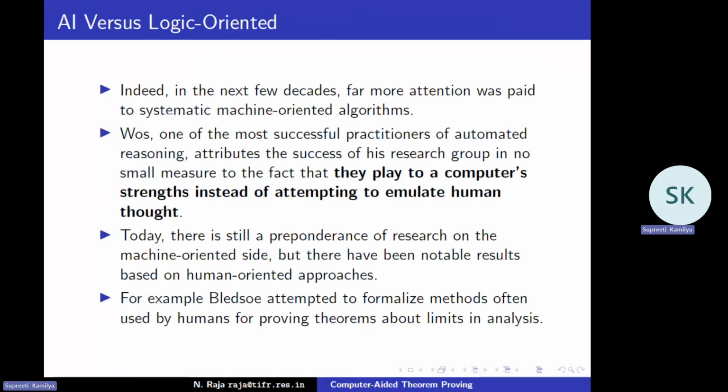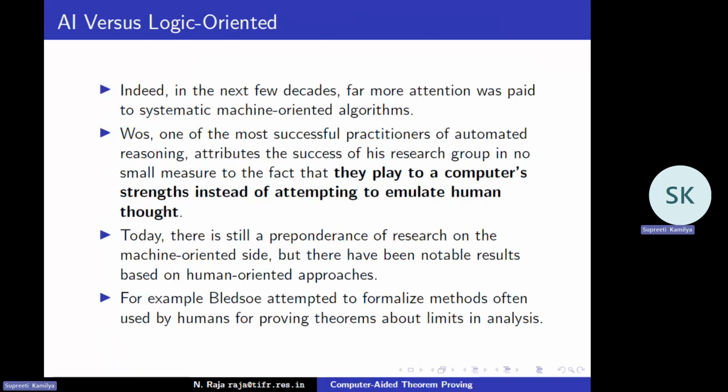He attributes this success to the fact that they try to play to a computer's strengths instead of trying to emulate human thought. And still today, there are a lot of people doing research on the machine-oriented side, but there have also been notable successes from those who have tried to mimic human-oriented approaches.